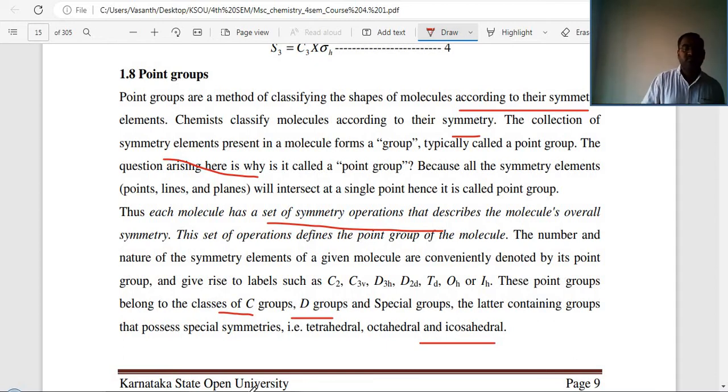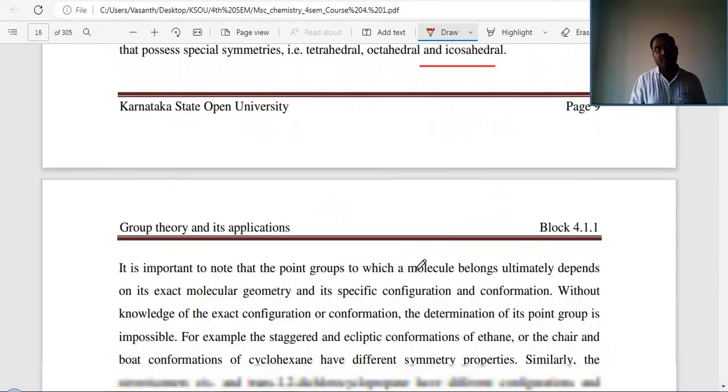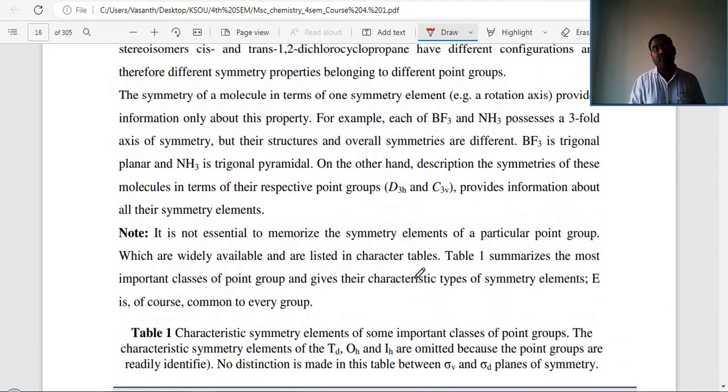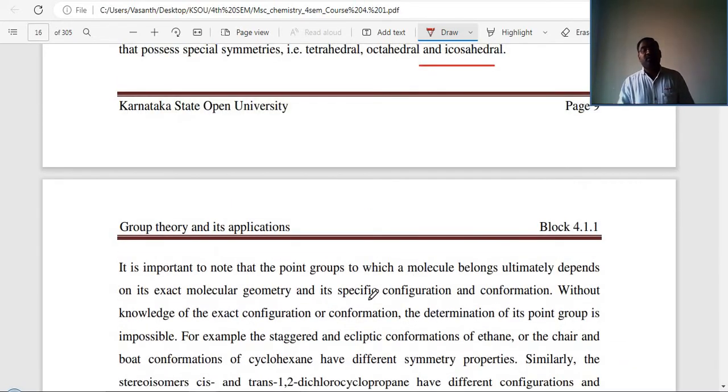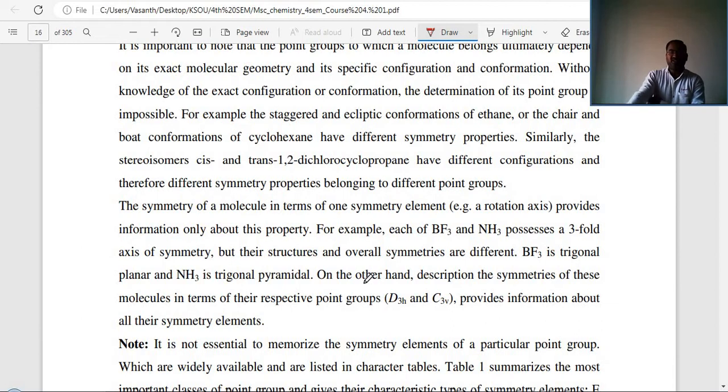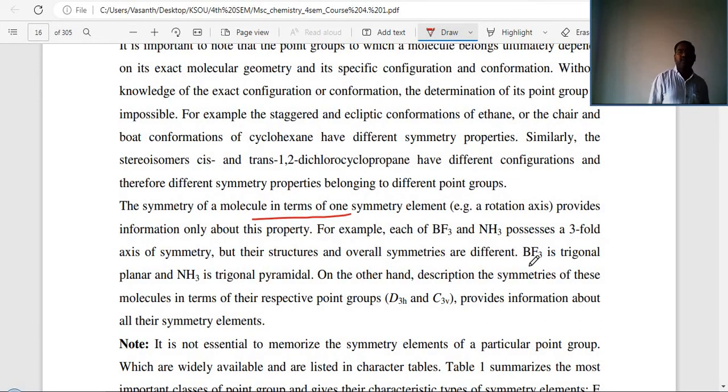Here, the point groups are hexahedral, tetrahedral, octahedral and icosahedral structure. Next we consider symmetry of a molecule in terms of one symmetry element, which provides information about only this property.